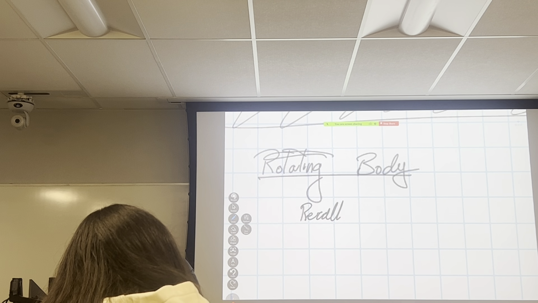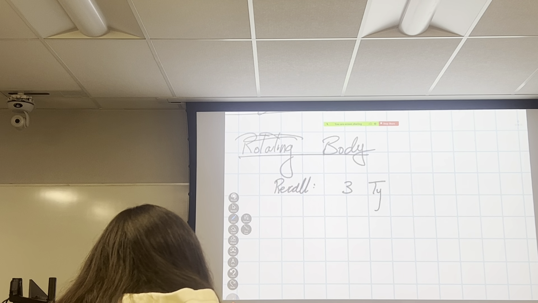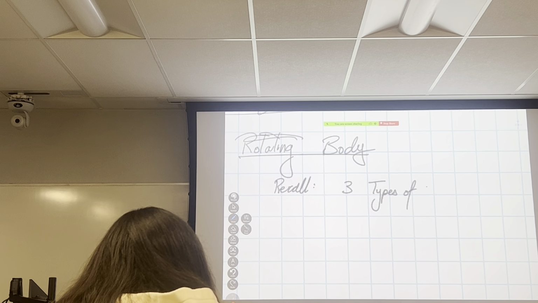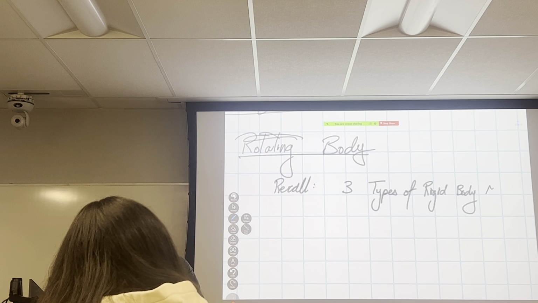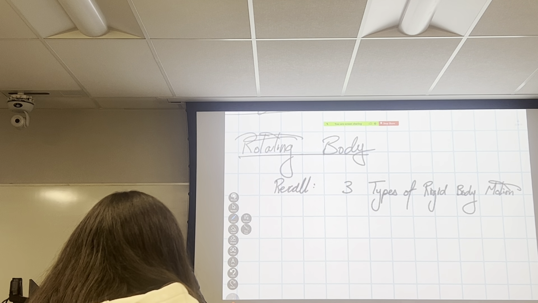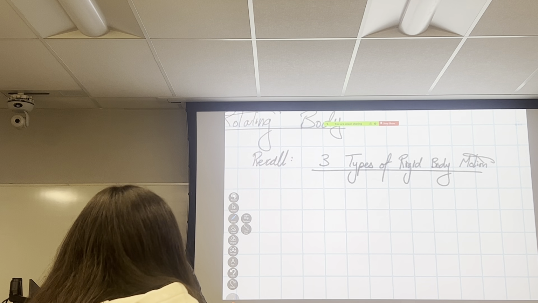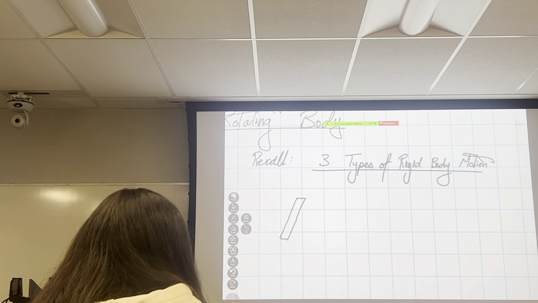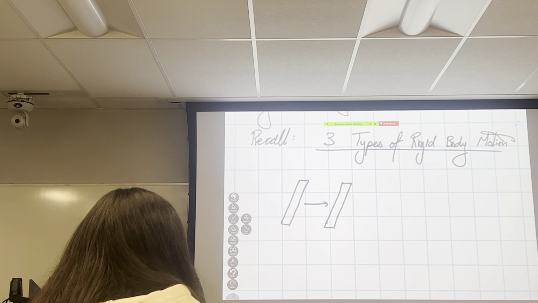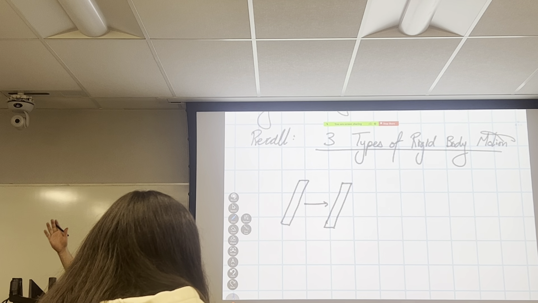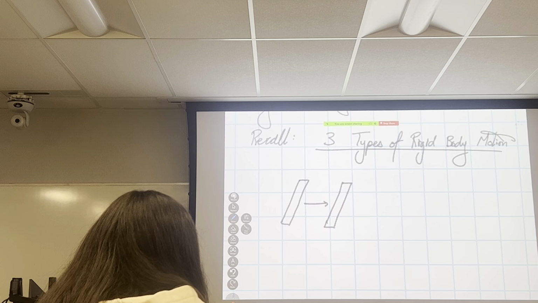So rotating bodies. Let's recall what rotation even is. Recall that there are three types of rigid body motion. The first one is when an object begins at a certain location and then moves, or translates, to a different location.